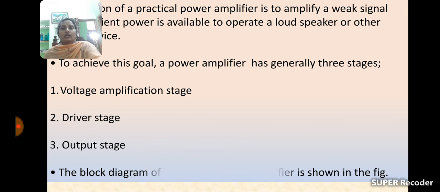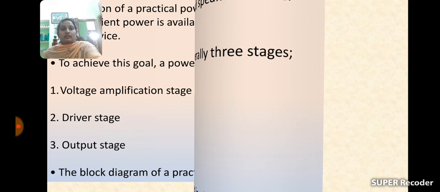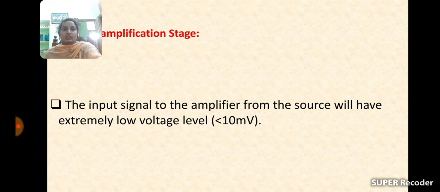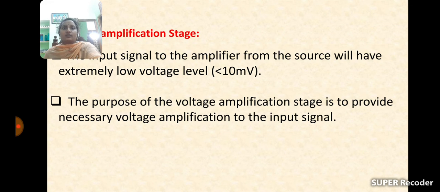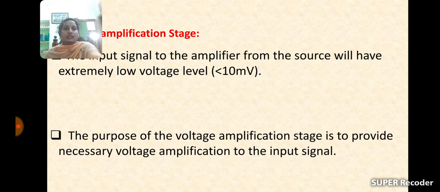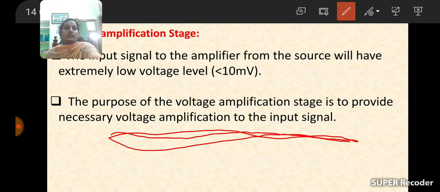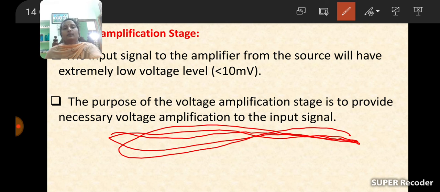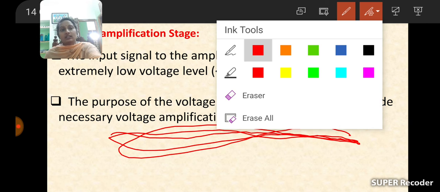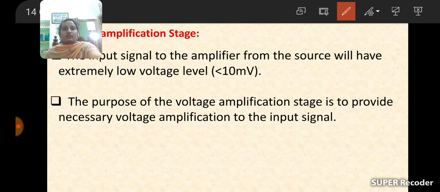While coming to the small description, I already said the voltage amplification stage has an amplifier, and this amplifier will increase the voltage of the input signal. In the amplification stage, what are we having? Amplifier. And how much is the level?